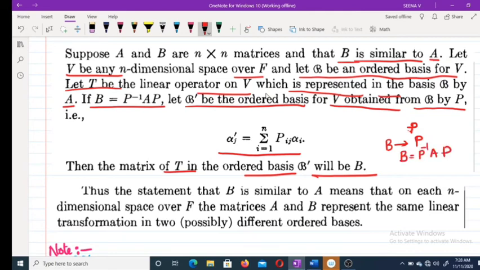So we have a matrix P and there is a basis B. Using Theorem 2 in the coordinate section, we can define an ordered basis B' like this. If B' is defined like this, then we can easily prove the matrix of T relative to B' will be B.